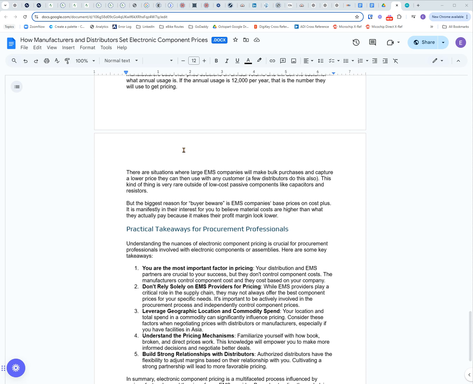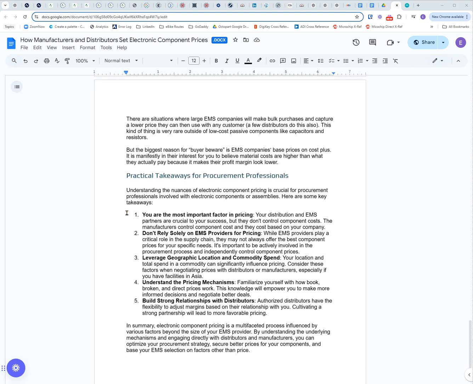So it's to their advantage for you to believe that a cost is high, and so it's in their DNA to present a high cost and then try to achieve a lower cost on the back end, and therefore increase their profit margin. So it goes back to large savvy OEMs don't let EMS companies negotiate their component prices.